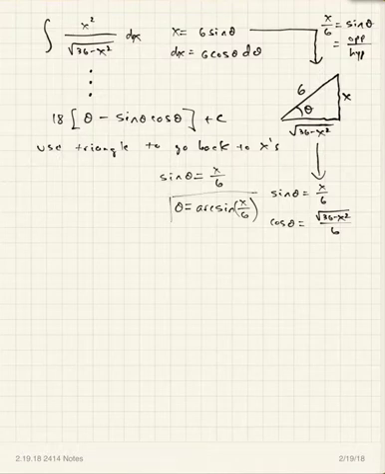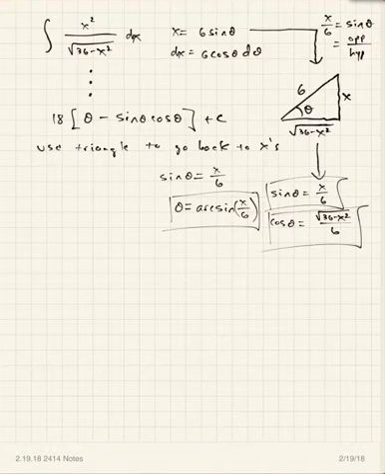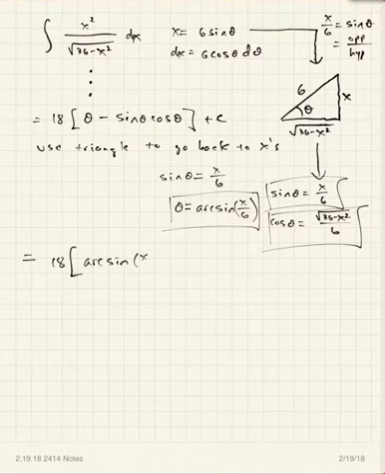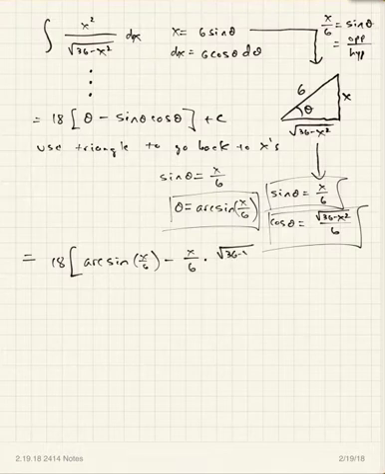I'm going to put a box around all three of those. Those are the three pieces we need to take our antiderivative and write it in terms of x only. So you have 18 times theta, which would be arc sine of x over 6, minus sine theta times cosine theta, so that'd be x over 6 times the square root of 36 minus x squared over 6, and then plus c.